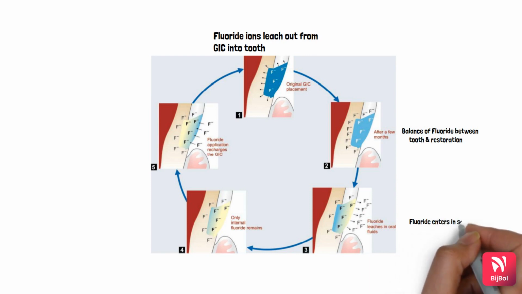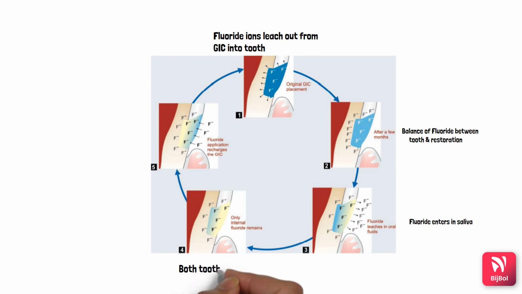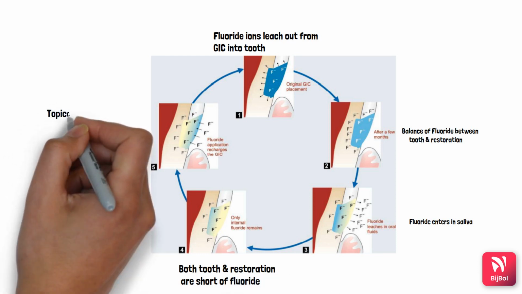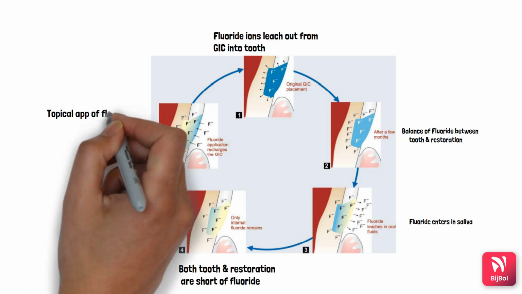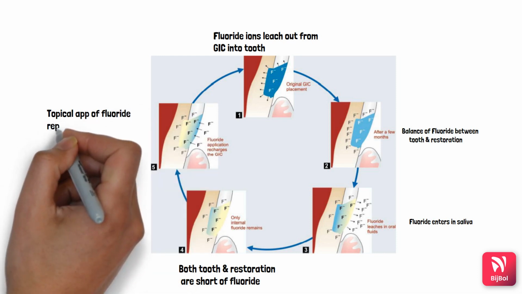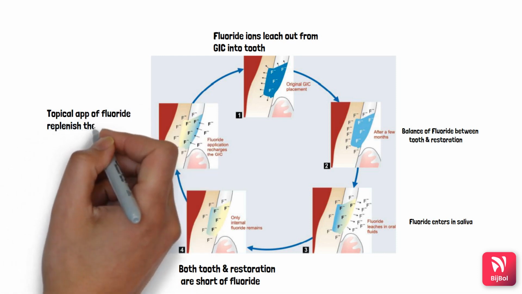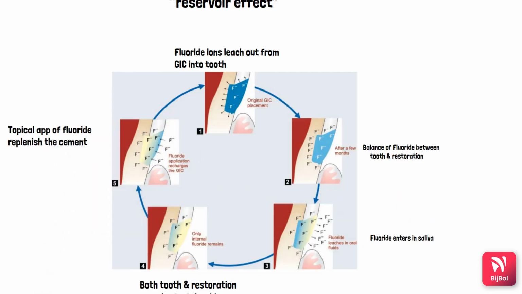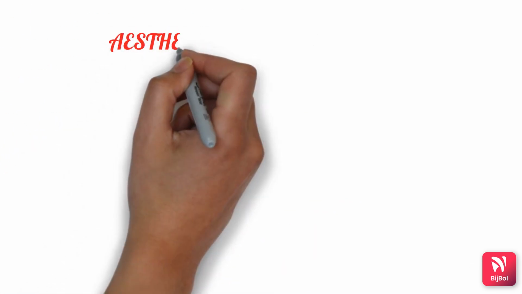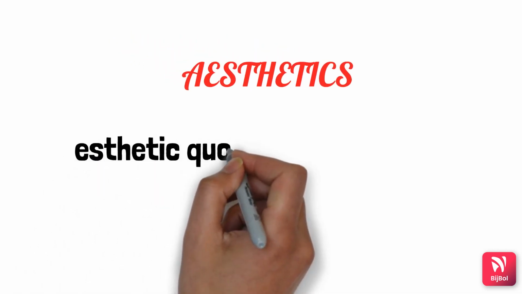Later on, this fluoride enters into the saliva and both the tooth and restoration are short of fluoride. Then, if you apply fluoride topically, it helps in replenishing the cement. That's how this fluoride reservoir effect works. And now, we can even observe the aesthetic property of the GIC.